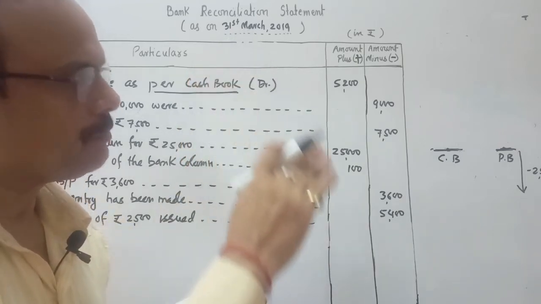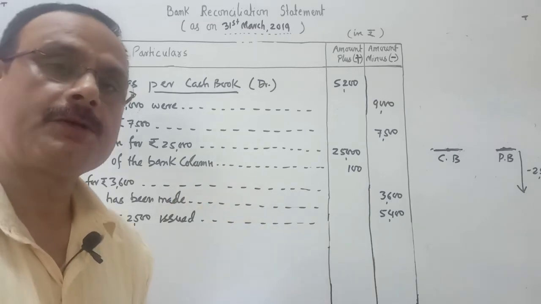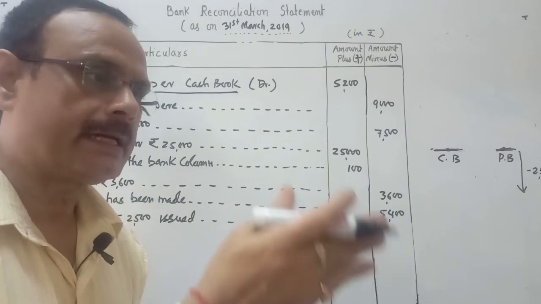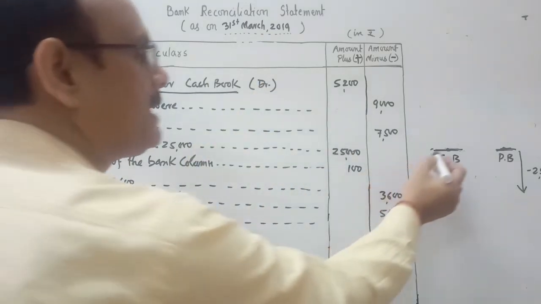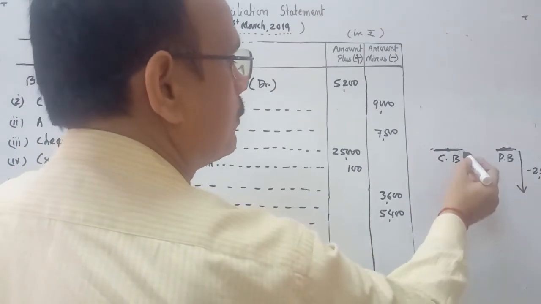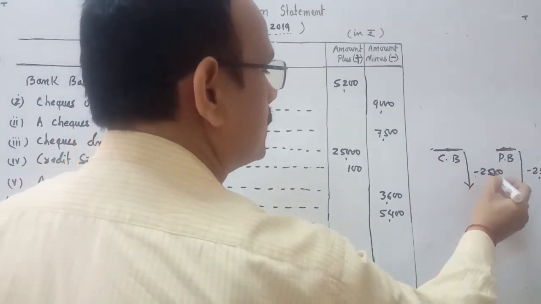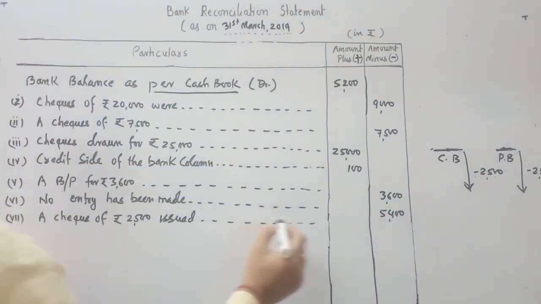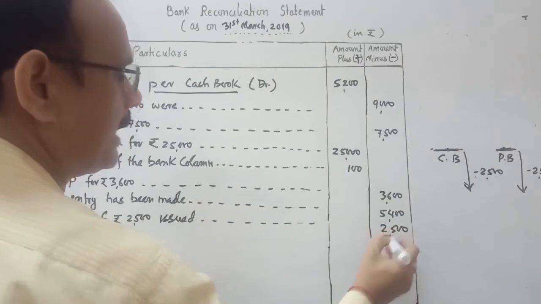The passbook balance will reduce by 2500, whereas the cash book balance is not reduced because it is entered in the wrong column. Instead of the bank column, it is entered in the cash column. So the cash book balance is here and the passbook balance is here. We have to reduce 2500 in the cash book, then this will be equal to this. So this will be minus 2500 on the minus side.